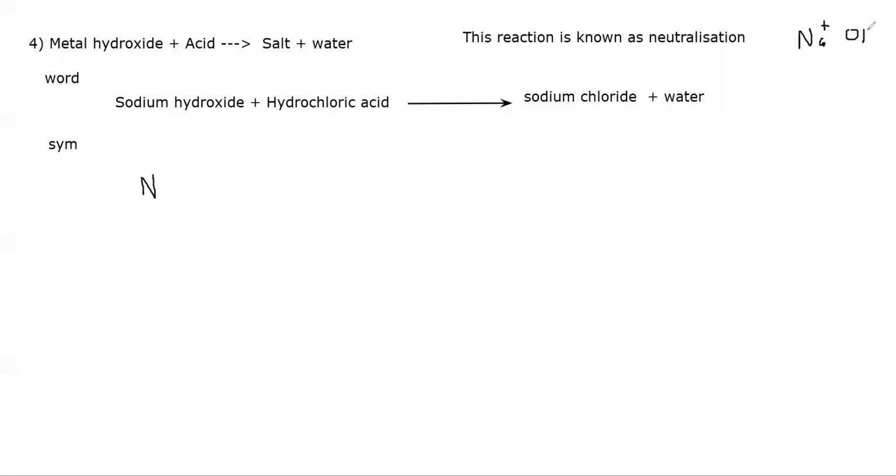So the formula will be NaOH, plus HCl, hydrochloric acid. This will result in the formation of sodium chloride, NaCl, plus water, H2O.